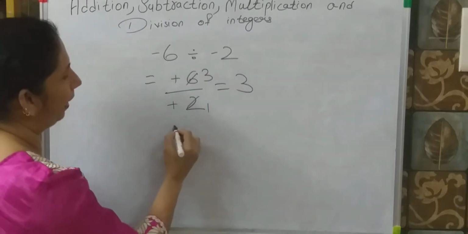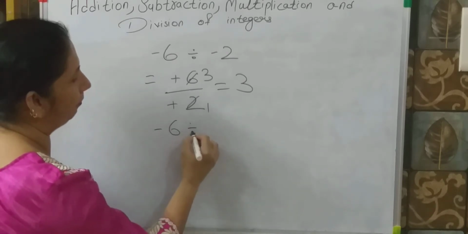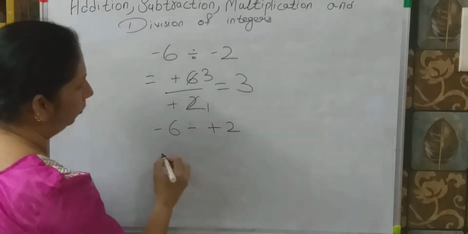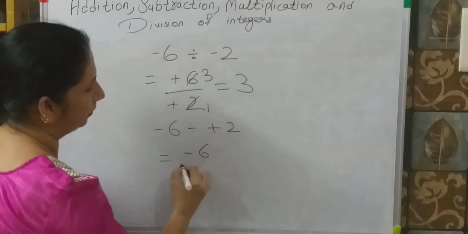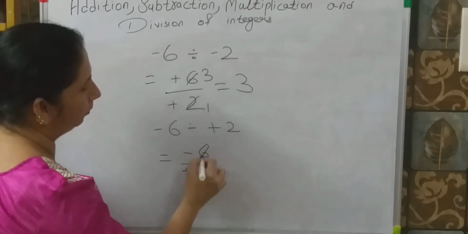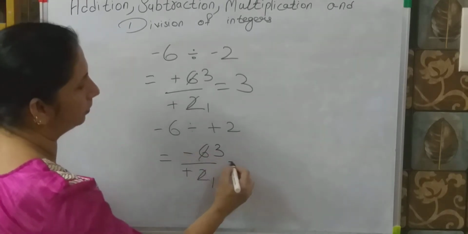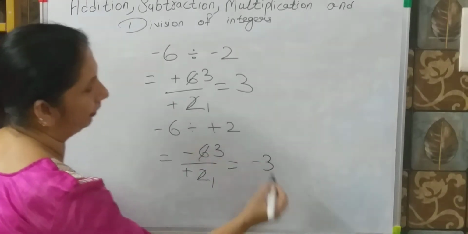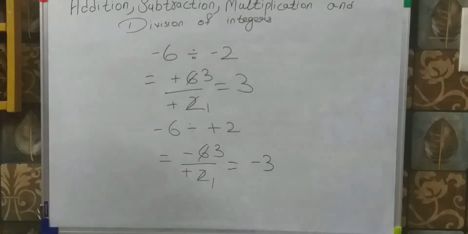Now suppose we have minus 6 divided by plus 2. Now minus 6 upon plus 2. 2 ones are 2, 2 threes are 6. Negative and positive always become negative, we will get the answer minus 3.